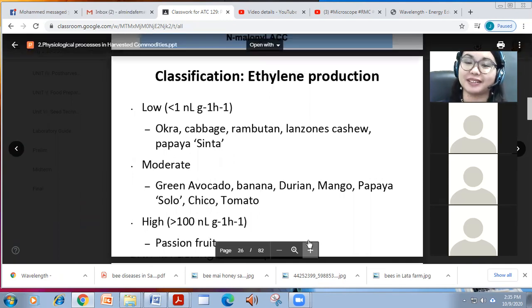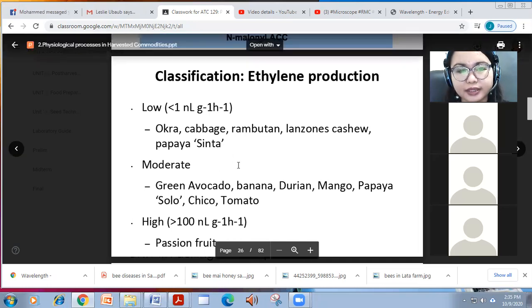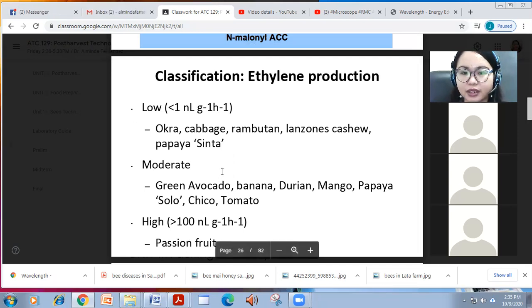But going back, ethylene is also the same as meth or shabu. The main ingredient in shabu is meth, methyl something, I cannot remember exactly. Anyway, based on ethylene production, all the commodities are classified as low, moderate, or high. It's also related to climacteric and non-climacteric crops.